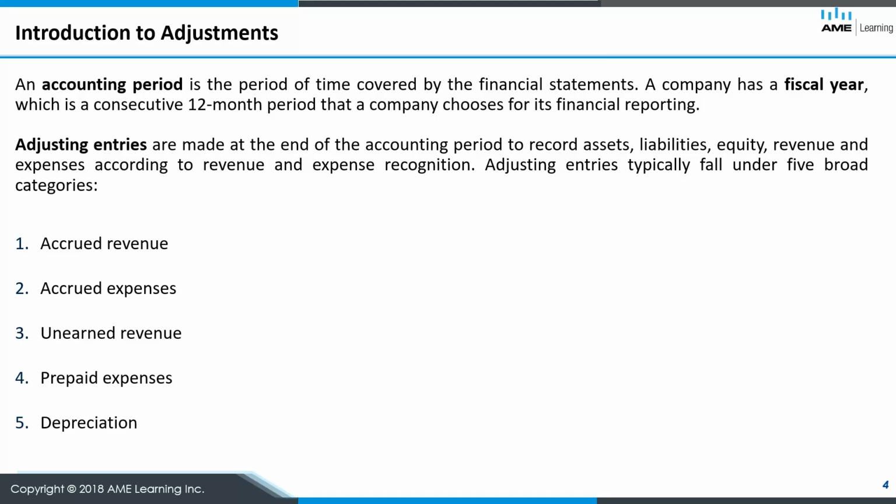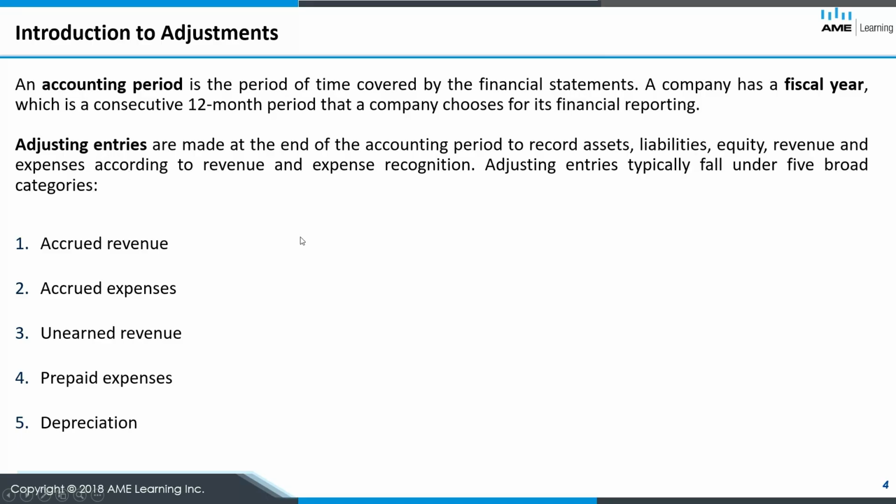Because of the cyclical nature of some of these organizations, they may choose a fiscal year that does not necessarily end on December 31st, but instead ends at a different month. But if we're talking about a fiscal year, an annual period, it's still going to contain 12 months. It just might not end on December 31st.